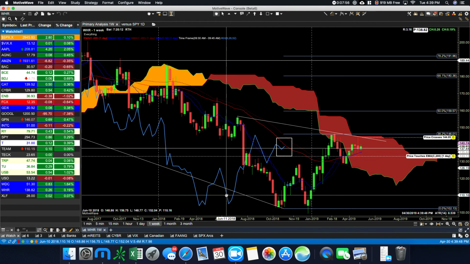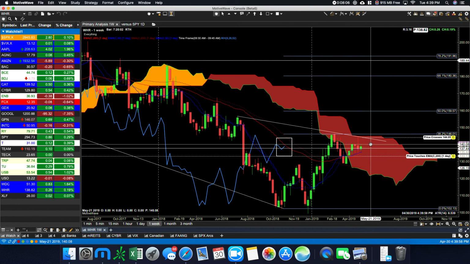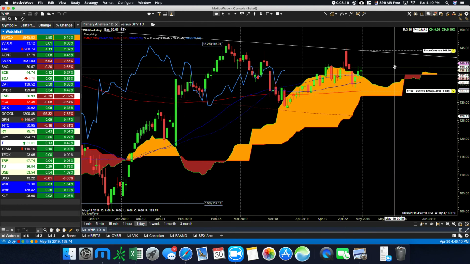Whirlpool, we're still keeping a look at. And we're still seeing on the weekly basis, the 200 is still proving to be resistance for the Chikou span. So we need to get over this level here, which is 139.94, which we hit sometime this week. Let's see on the daily basis. Today we hit 139.74.